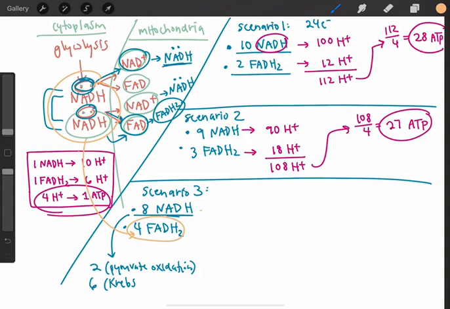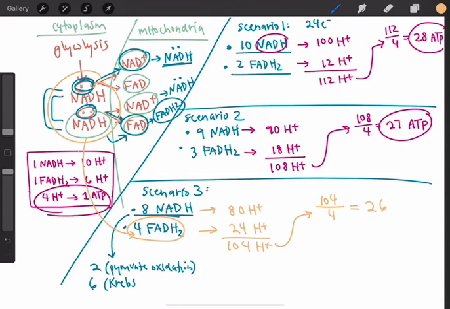So doing the calculations for 8 NADH, you're going to have 80 protons. For 4 FADH2, you are going to have 24 protons. Add that up, you are going to get 104 protons. Let's see how many ATPs are made from 104 protons.